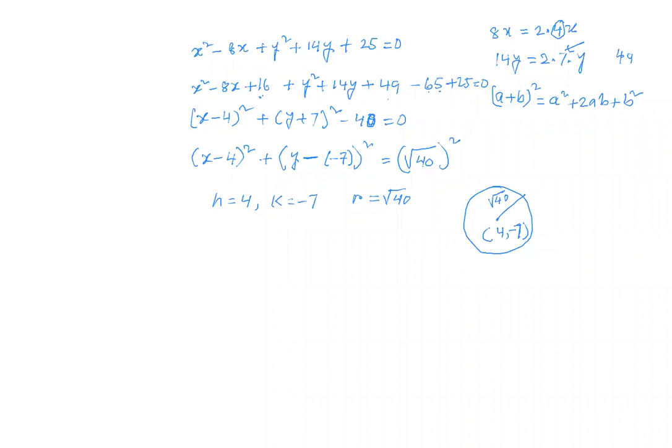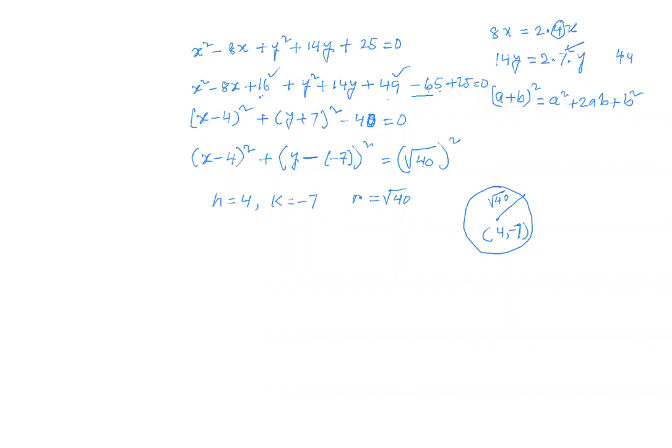Oh, I added 16 and 49. So 16 and 49 is 65, right? Did I do it right? Yeah, 65. So I subtracted 65. It's like adding 0, right?